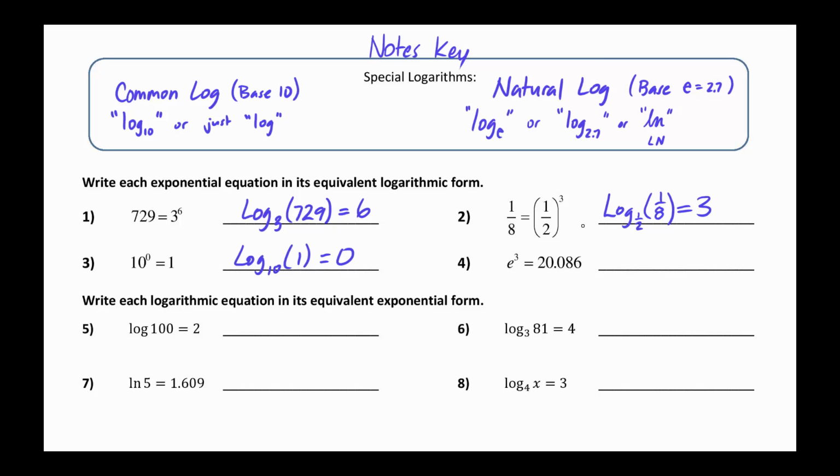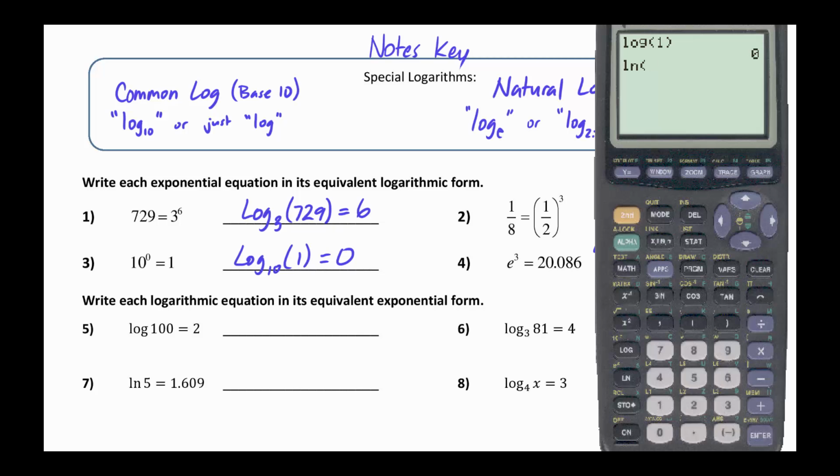So with question 4, if I were going to put this in log form, since it has a base of e, I could write log base e, but usually people don't do that. They would write ln of, and then I have to go ahead and put my answer, 20.086 equals whatever the exponent is, 3.